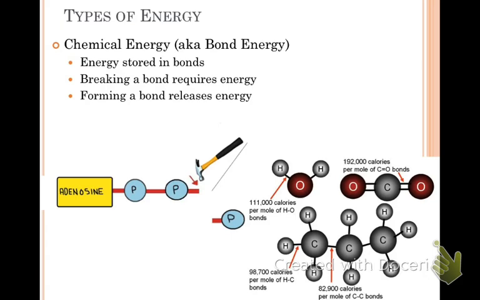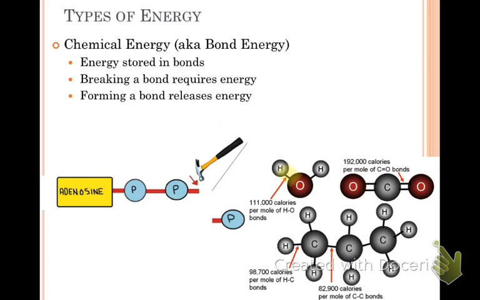So if we take a look at the bottom right-hand side, we see three different molecules, one of which is water. If we take a look at the bond between the hydrogen and the oxygen, we see that there's 111,000 calories per mole of energy per the O-H bond.